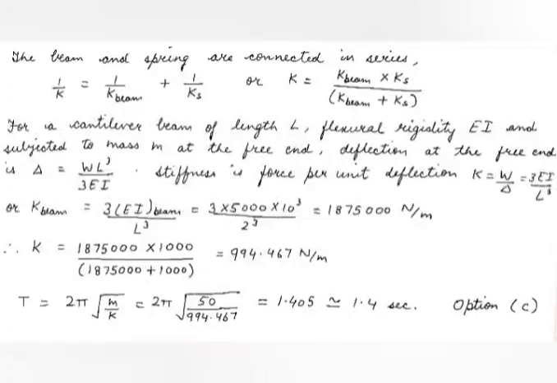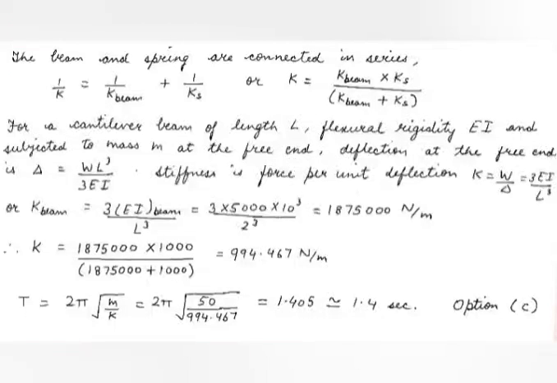Stiffness will be force per unit deflection equal to W by delta equal to 3 EI by L cube, or K beam will be equal to 3 EI beam upon L cube equal to 3 into 5000 into 10 raised to power 3 divided by 2 cube equal to 1875000 Newton per meter. Ks is already given to us in the question.